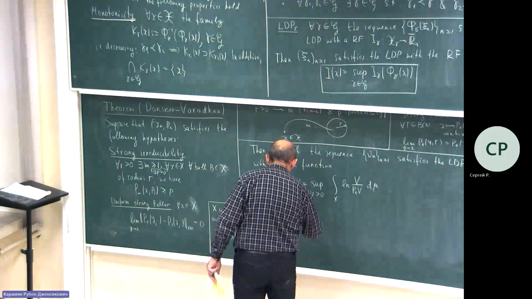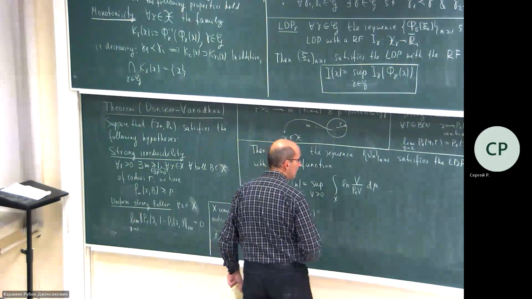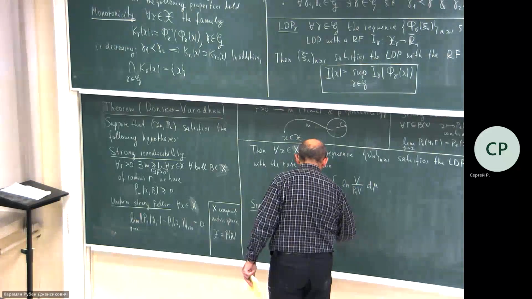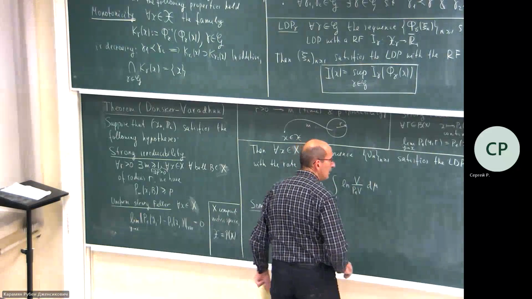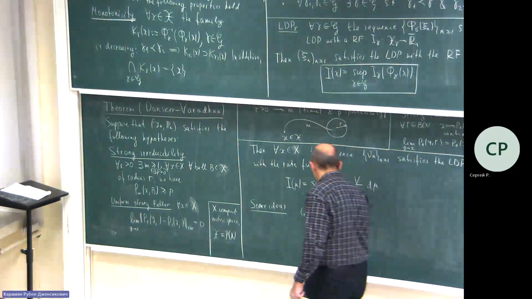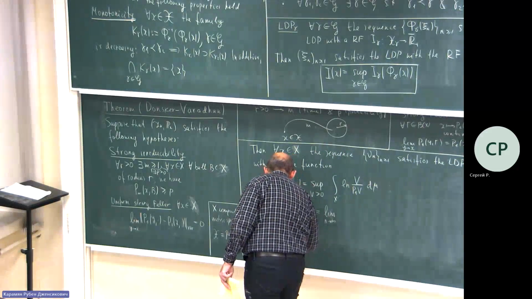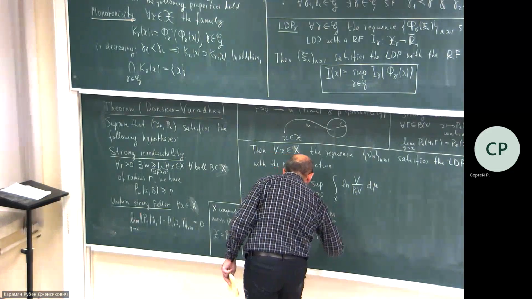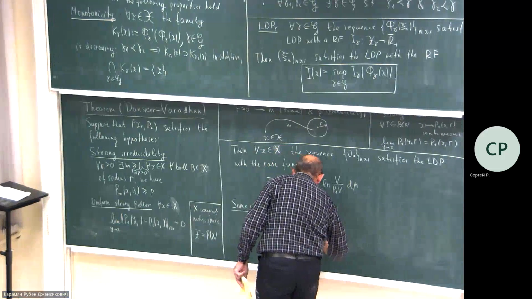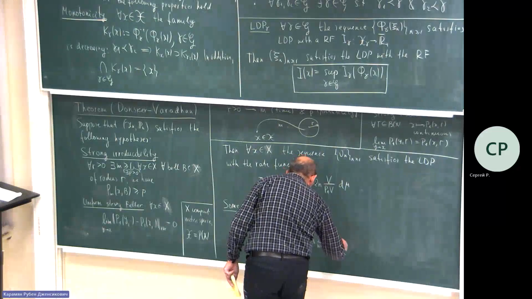Q of v is the limit as n goes to infinity of 1 over n times the logarithm of the expectation of exponential of n times v integrated against mu n, where mu n is 1 over n times the sum k from 1 to n of delta xk.